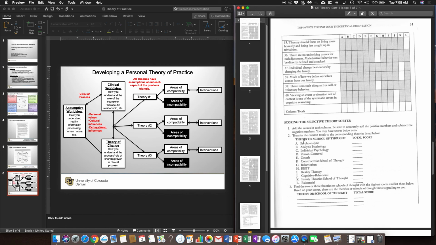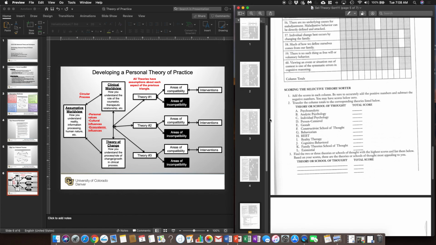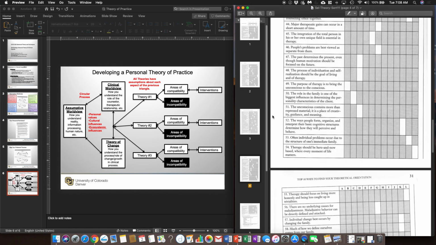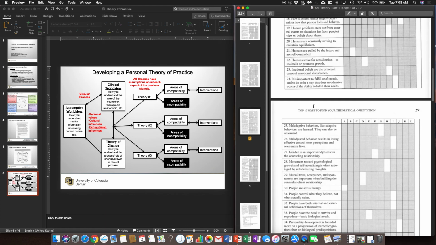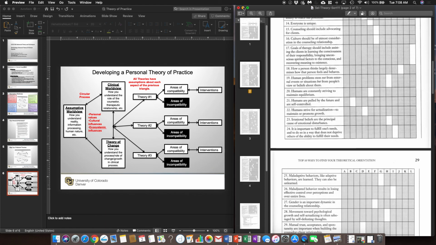And the models that you would say as your top 3, I would have you come over to this slide and put those in these boxes. And we'll kind of work off of those from this point forward. So this self-assessment, I think, is a really helpful way to get you to begin to look at theory in a slightly different way.